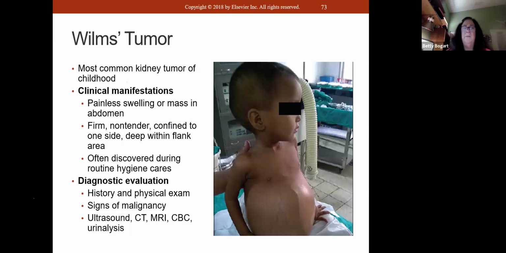Wilms tumor, we'll mention this about twice because this is also GU. Wilms tumor is a kidney tumor, and it's usually little boys, usually 3 to 5 years old, and all of a sudden you'll feel like a little something in their belly. I've seen only one of these in my career, and it was a little boy who came from Haiti.